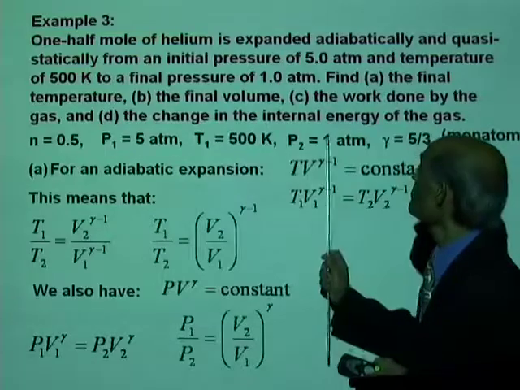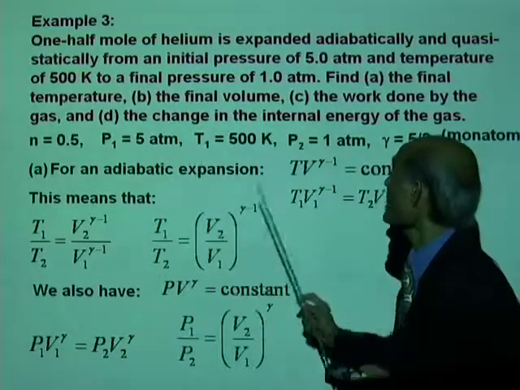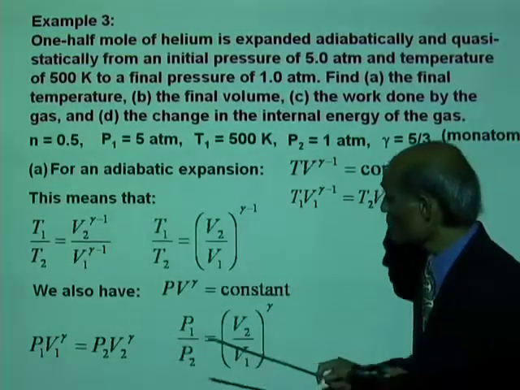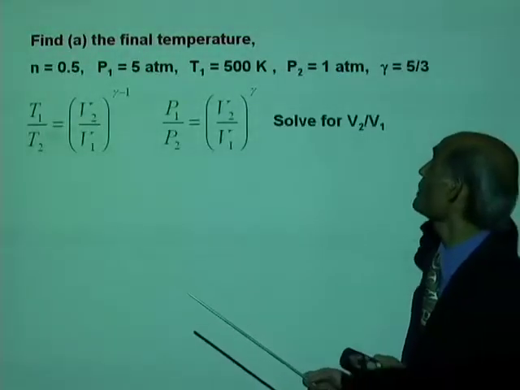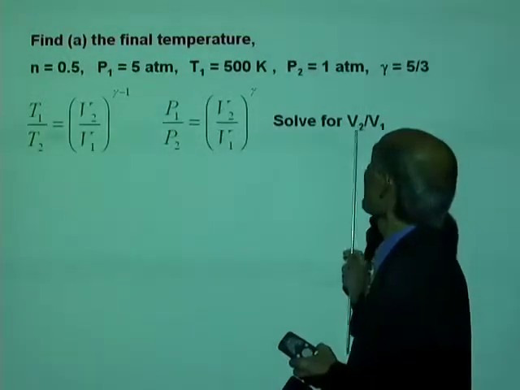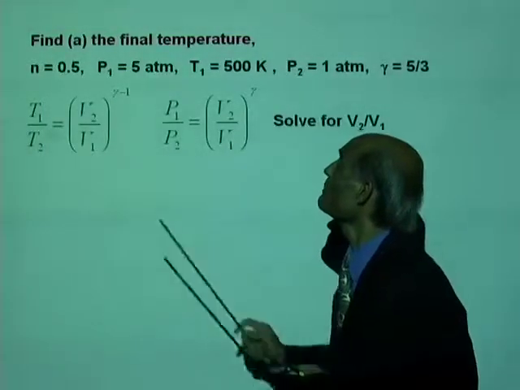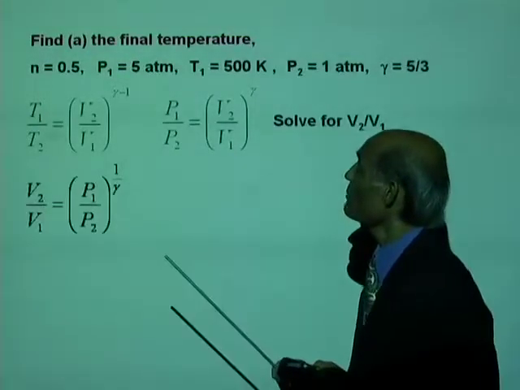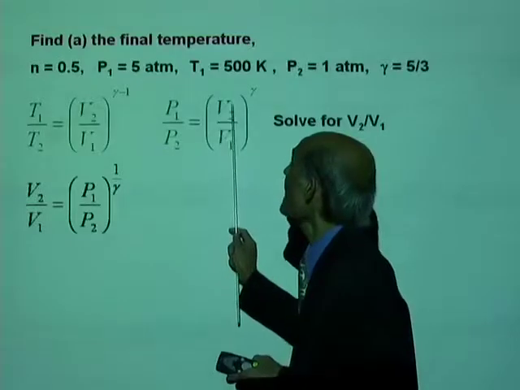Don't we know that? P1 is 5 atmosphere, P2 is 1 atmosphere, so we know what P1 over P2 is. So what we're going to do is solve for V2 over V1. Can you solve for V2 over V1? Let's solve it from here.